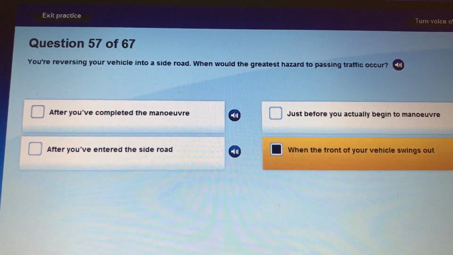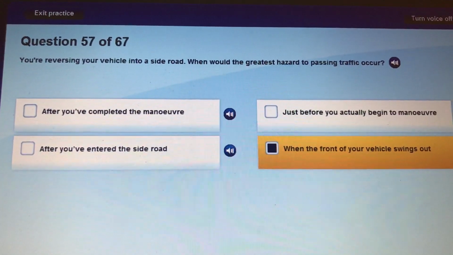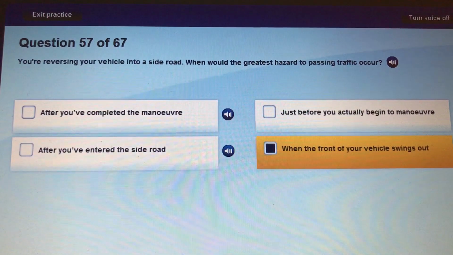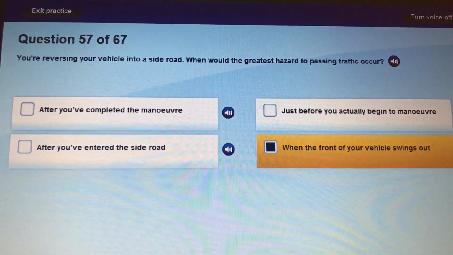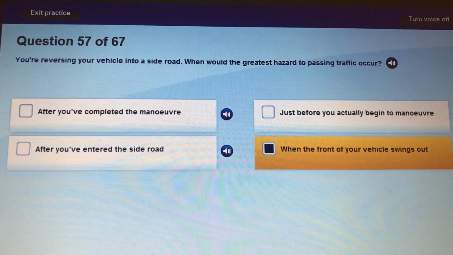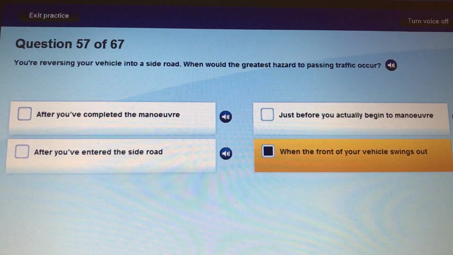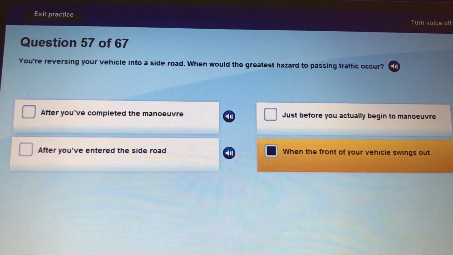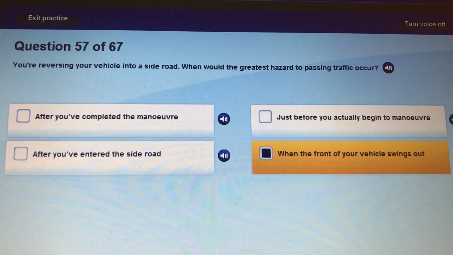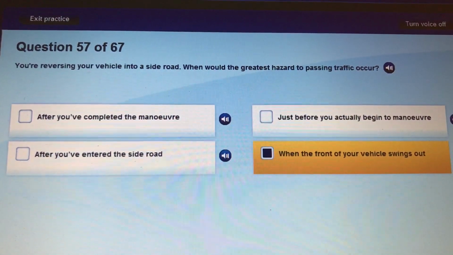You are reversing your vehicle into a side road. When would the greatest hazard to passing traffic occur? When you reverse your vehicle into a side road, the front part of your car swings out.